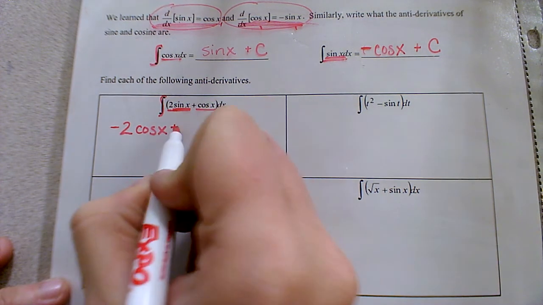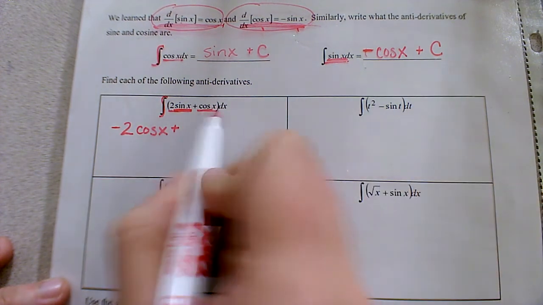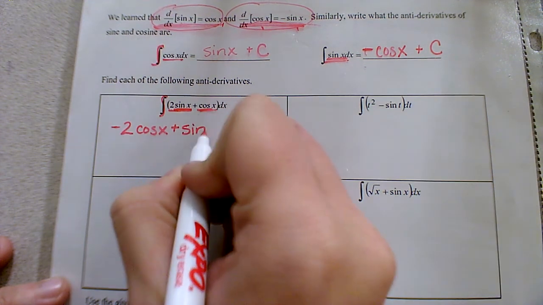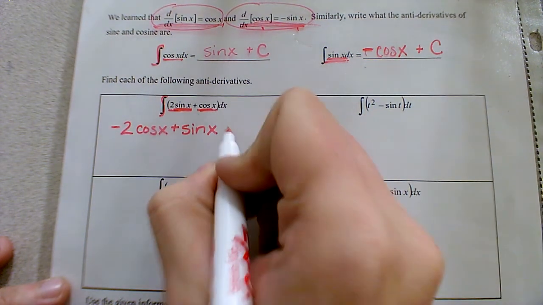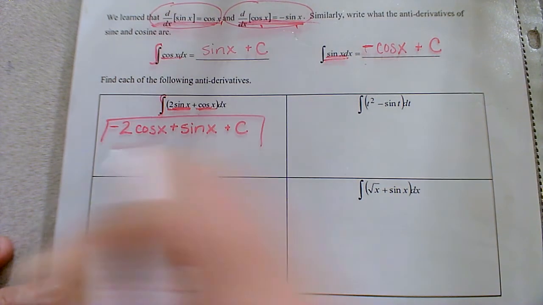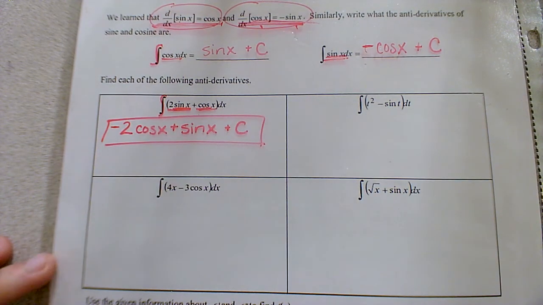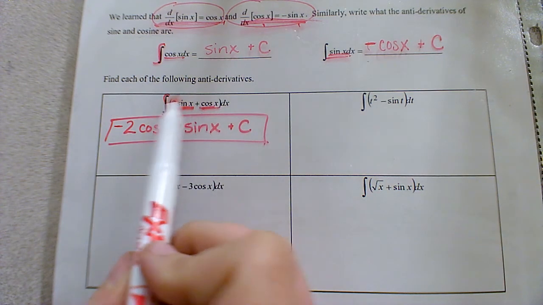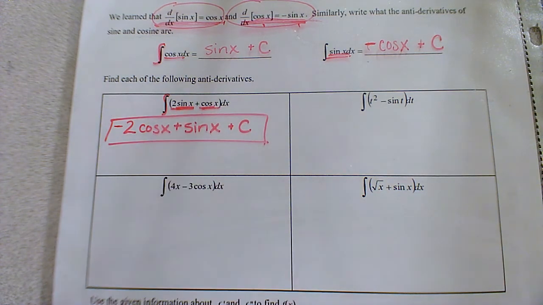We then want to add the antiderivative of cosine. If we work backwards from cosine, that would be sine of x, and don't forget the plus c. Again, you should always be able to check your work. If you're not sure if you found the antiderivative correctly, take the derivative of your answer, and it should match what we originally started with as the integrand.